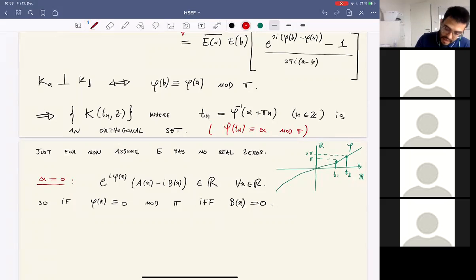And similarly, if alpha equals pi over 2, then by the same reason, this guy would be purely complex, because it would be I or minus I. So therefore, it had to be a 0 of A, and you can go back if E has no real zeros. So phi of X is congruent to pi over 2 mod pi if and only if A of X is 0.